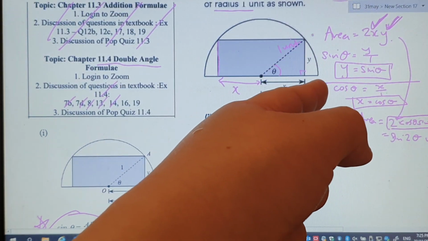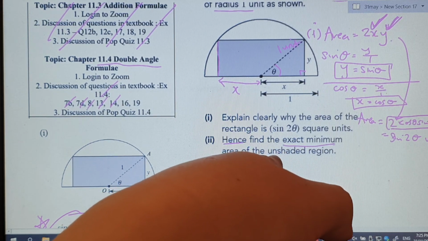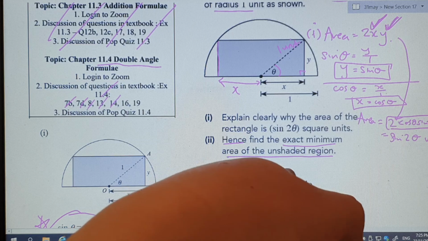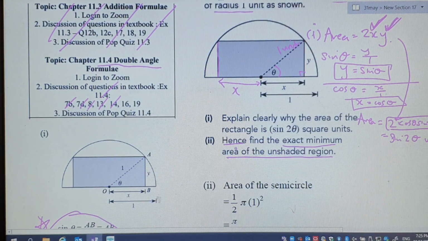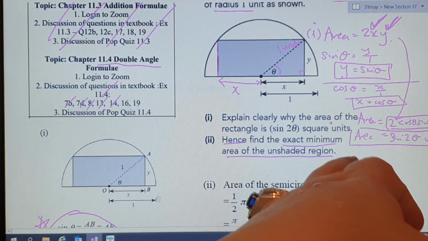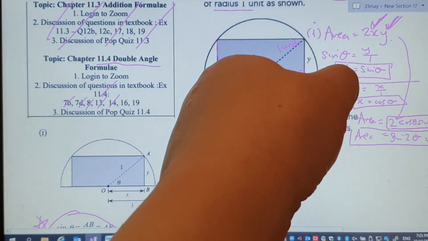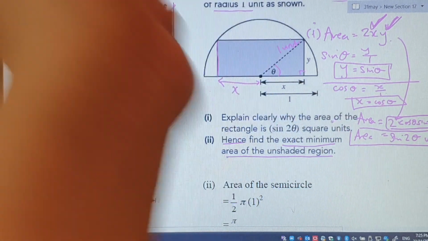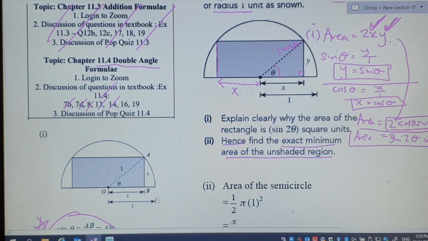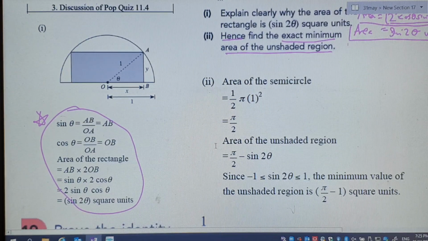Now how do you do part 2? They say hence find the exact minimum area of the unshaded region. Hence means you have to use this part A result. Find the exact minimum area of the unshaded region. Now the unshaded region is actually the semicircle minus the area of the rectangle. Am I right? Maybe I just use this diagram, because I ran out of space.